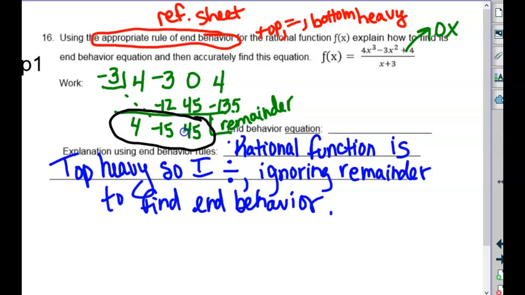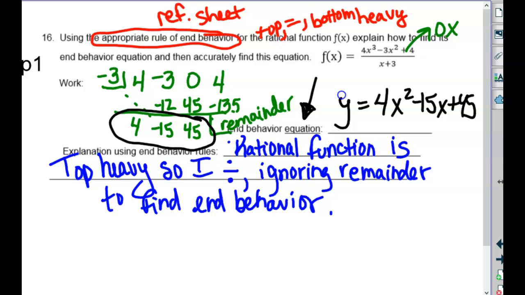This one doesn't get an x, the next one gets an x and an x squared, right? So it is an equation. See that underlined word right there? So what are we going to write? Y equals 4x squared minus 15x plus 45. That means if I were to graph this, in the end, it would look like a parabola.